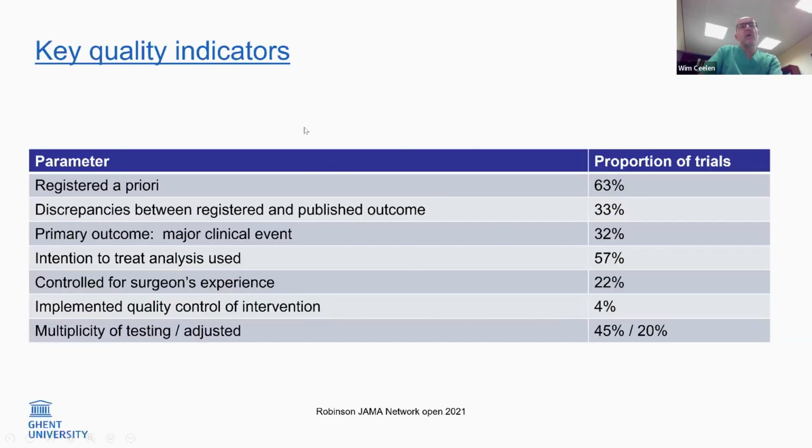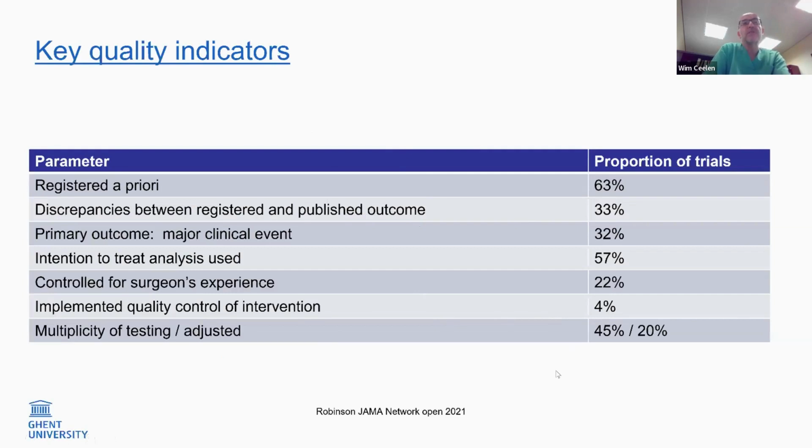And the key quality indicators for surgical trials are given here, and you see that, for instance, in terms of quality control of interventions, and this is important for complex interventions such as surgery, it's only 4% of these trials where adequate quality control was implemented.